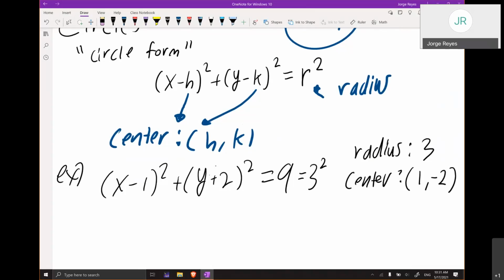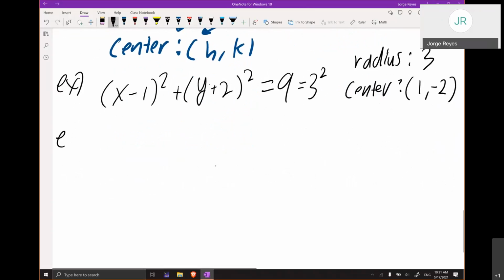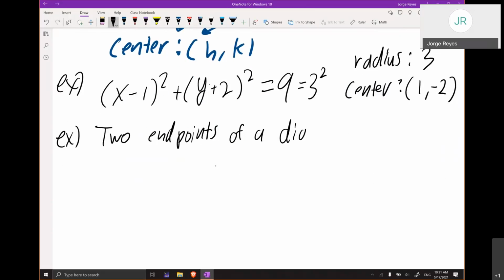Now you should be able to do a couple things with the center of a circle. Let's pretend we have a problem like a word problem, but not really. We have two endpoints of a diameter of a circle.